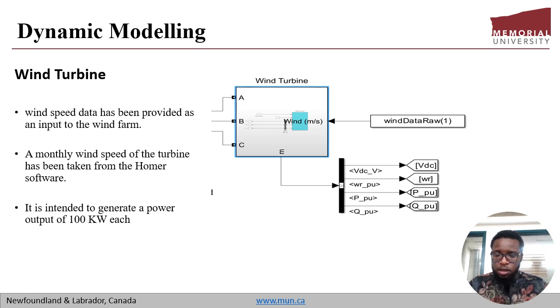Each turbine has a power of 100 kilowatts. From our HOMER design, we have about 30 turbines which will be generating a collective power to meet the need of the customers in that grid.